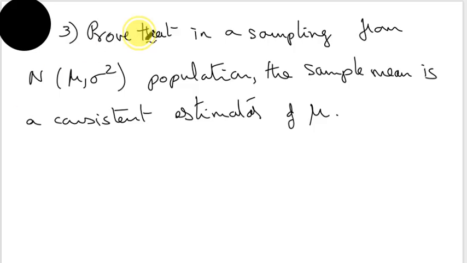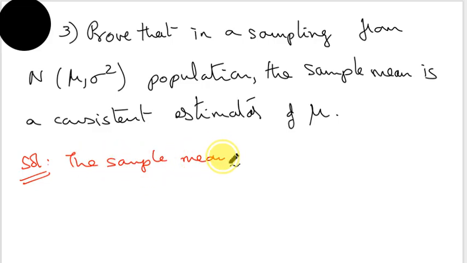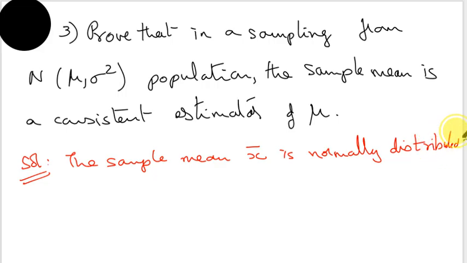Okay, so we move on to our solution. We have to show that it is a consistent estimator of mu. Now, the sample mean x bar, since it is a sample, it is small letter, is also normally distributed as N of mu comma sigma squared.